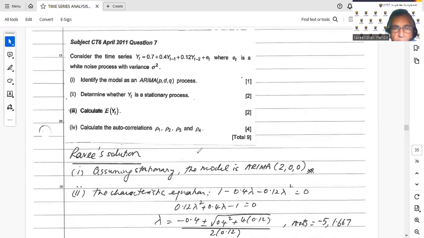You will have YT minus 0.4 YT minus 1 minus 0.12 YT minus 2 equals 0.7 plus ET. So we are just looking at the AR part, and you can write your characteristic equation, which is 1 minus 0.4 lambda minus 0.12 lambda squared. So basically, you have to solve this quadratic equation.